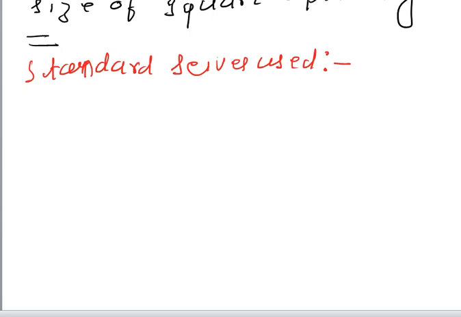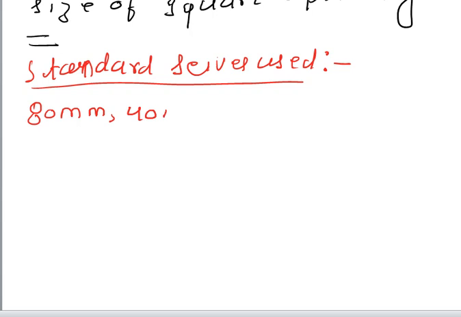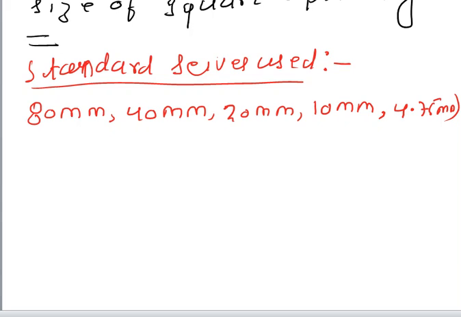Standard sieves in this case are 80 mm sieve, 40 mm sieve, 20 mm sieve, 10 mm sieve, 4.75 mm sieve. These standard sieves are placed from top to bottom in a column.